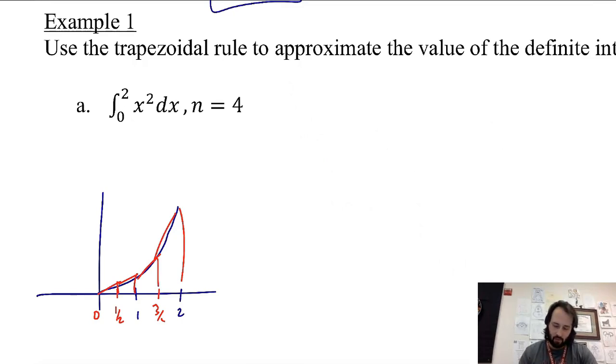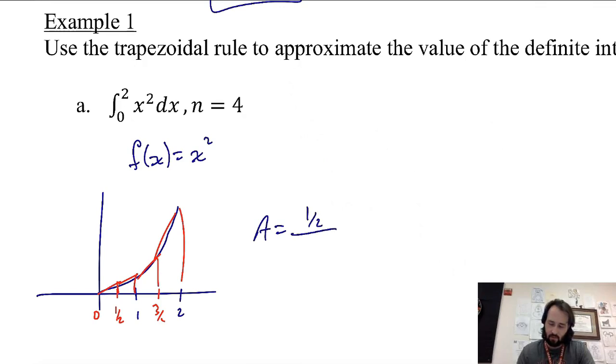My first trapezoid has a first base length of 0, and the other base length is 1/2 squared, because my function is x squared. So the area would be the height divided by 2. My heights are all 1/2, so divided by 2, that would really be 1/4.